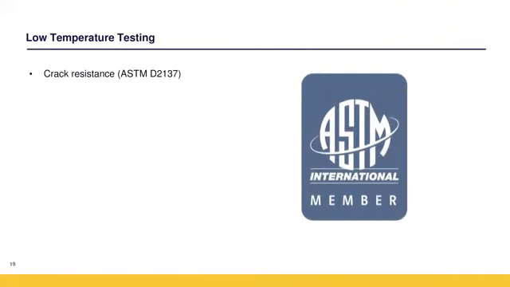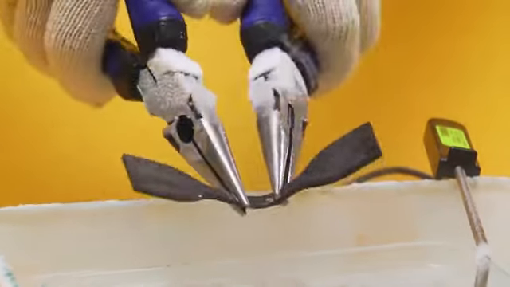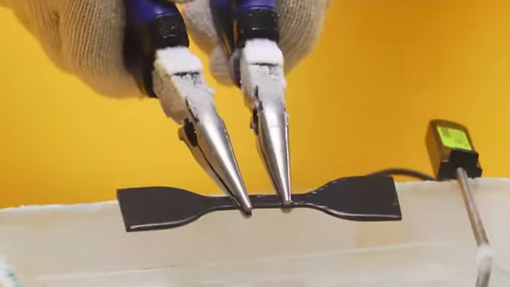There are multiple methods for testing, including ASTM D2137, crack resistance, and ASTM D3418, glass transition. Parker tests compounds at low temperatures using ASTM D1329, also called the TR10 method. TR10 is a temperature at which the compound loses resiliency and transitions from rubber behavior to soft plastic behavior.